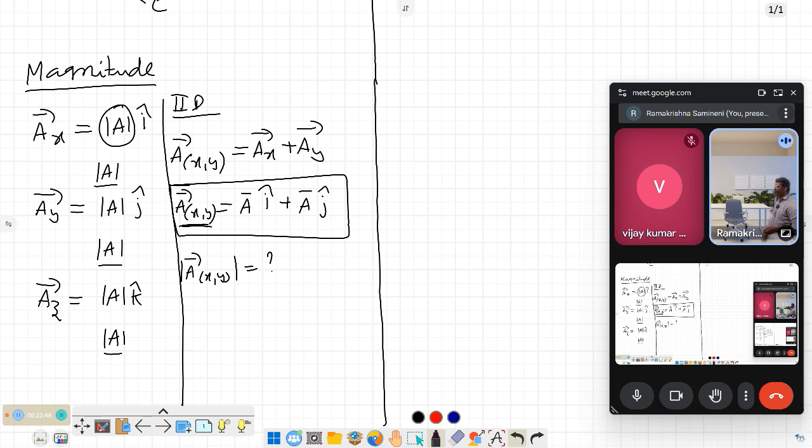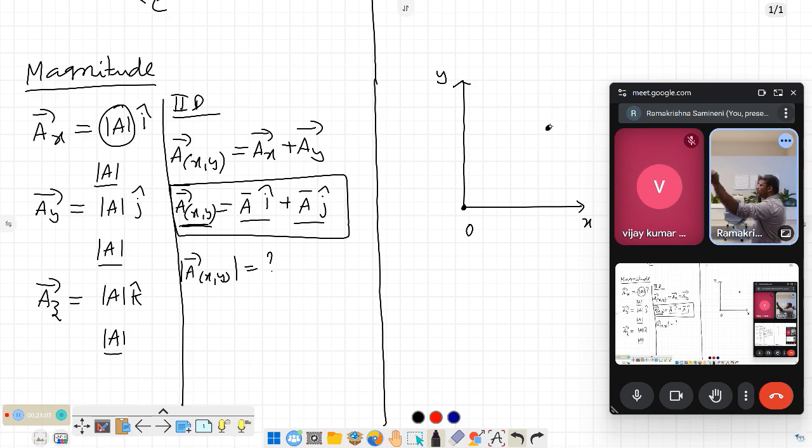To find this, we are going to use geometry. For a two-dimension vector, on the coordinate system, this is the x-axis, this is the y-axis, this is the origin, and there is a vector. This is the point in between x and y.